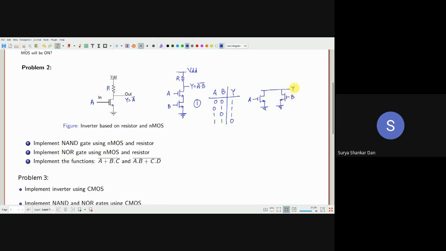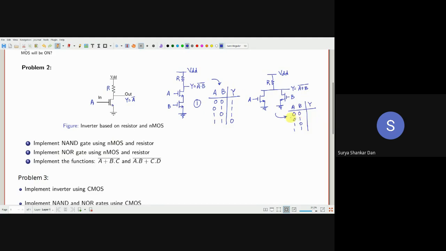So this is Y equals A NOR B, and it is a resistive load. In this case, this is for the NAND. For the NOR, A, B, Y. If you notice, let me just fill this up.